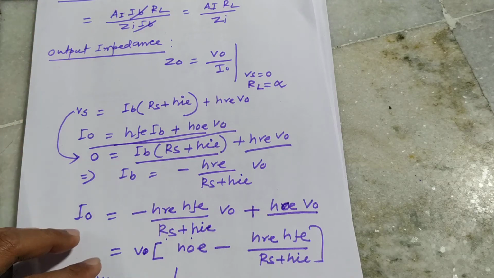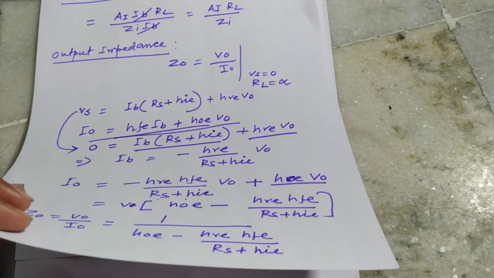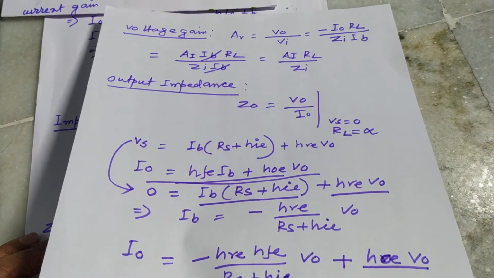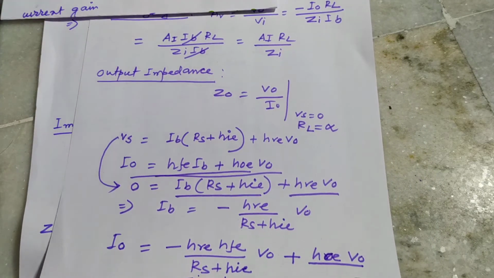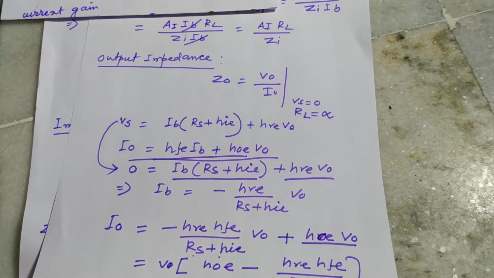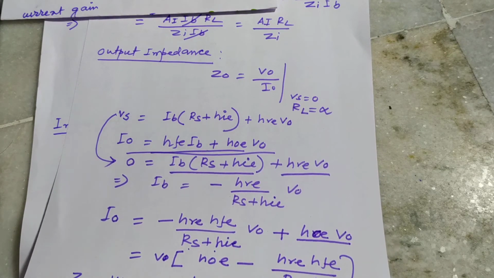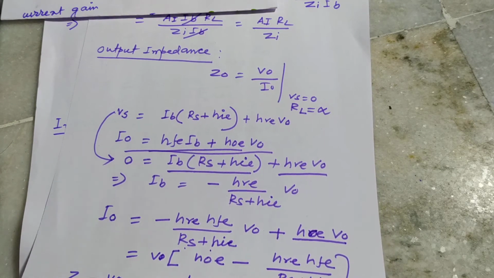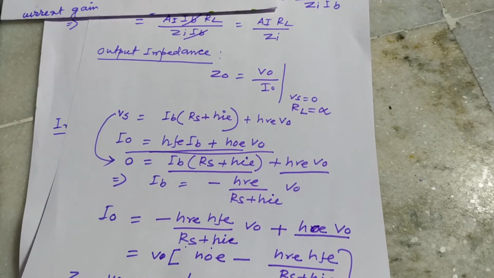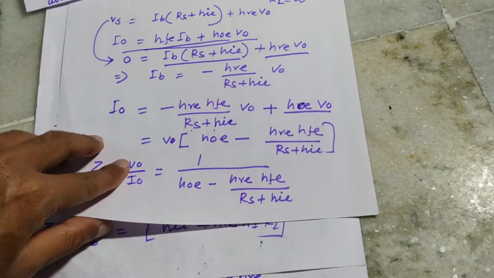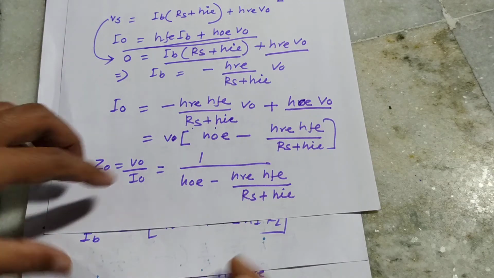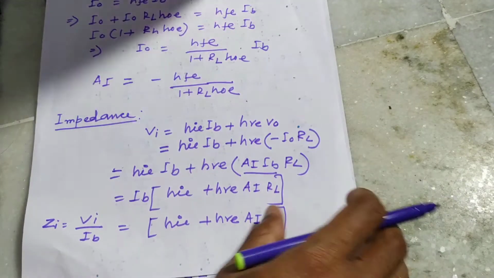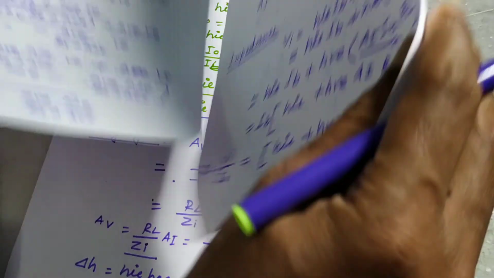Okay, and these are the performance quantities for the CE amplifier, and what will be the other cases for CB or CC? For any mode of operation, the expression will be the same, we just have to change the parameter. Okay, so this is the current gain.